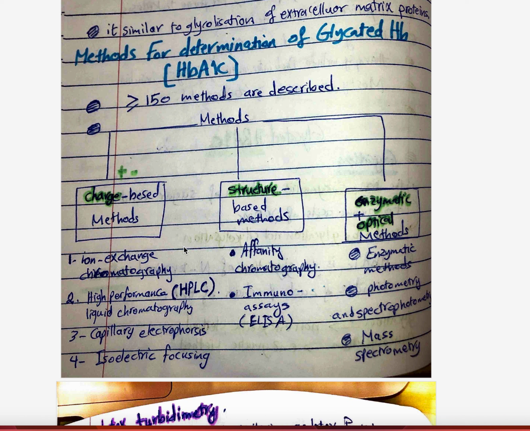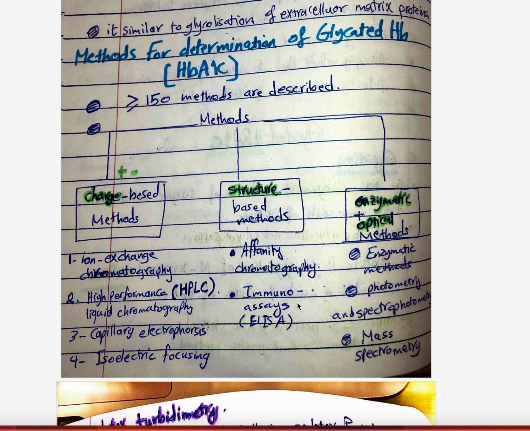All of them are charge-based methods. The first one is ion exchange chromatography. The other one is high performance liquid chromatography, and then capillary electrophoresis and isoelectric focusing. Then we go to the structure-based methods: affinity chromatography and immunoassay.